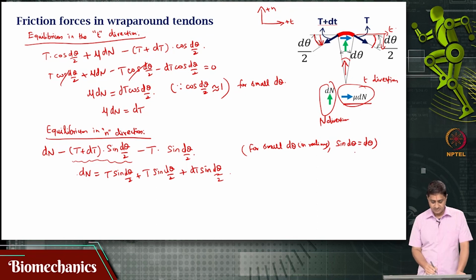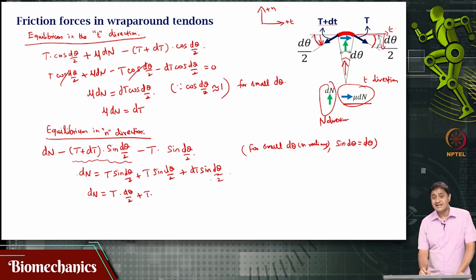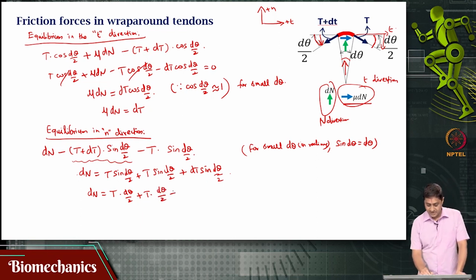So, I am going to use that here. Let me write this again here. T times sin d theta by 2 would actually be t d theta by 2, plus t times sin d theta by 2 would be actually t d theta by 2, plus this would be almost 0.